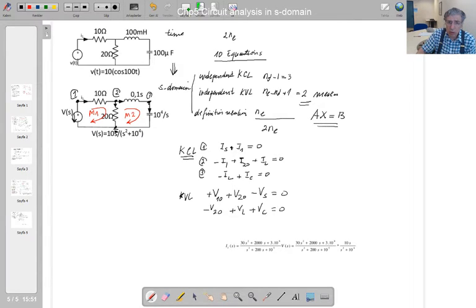These two equations are this KVL, and these 3 are the KCL, isn't it? So what is left? The elements' definition relations.